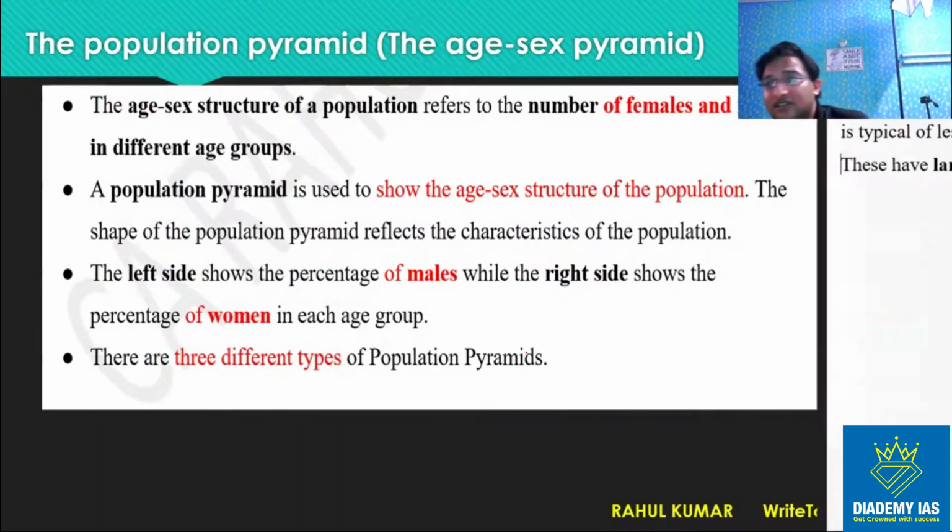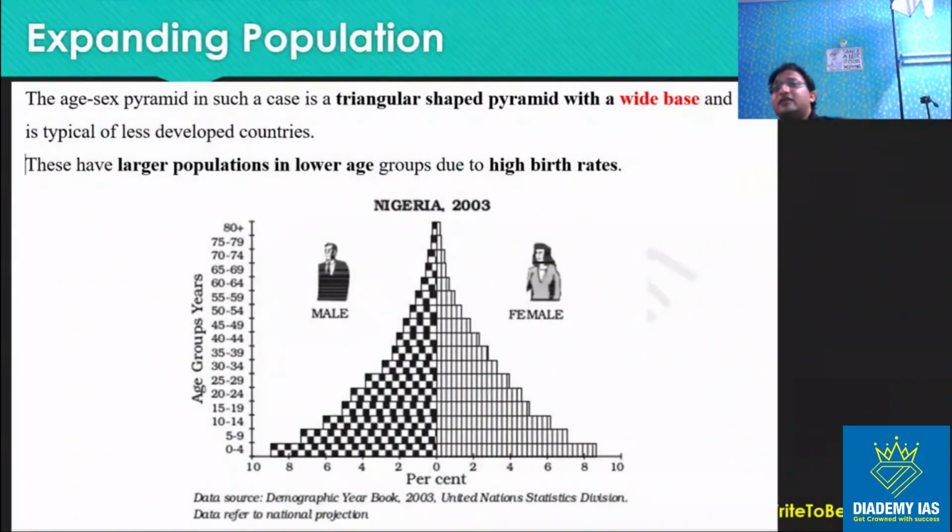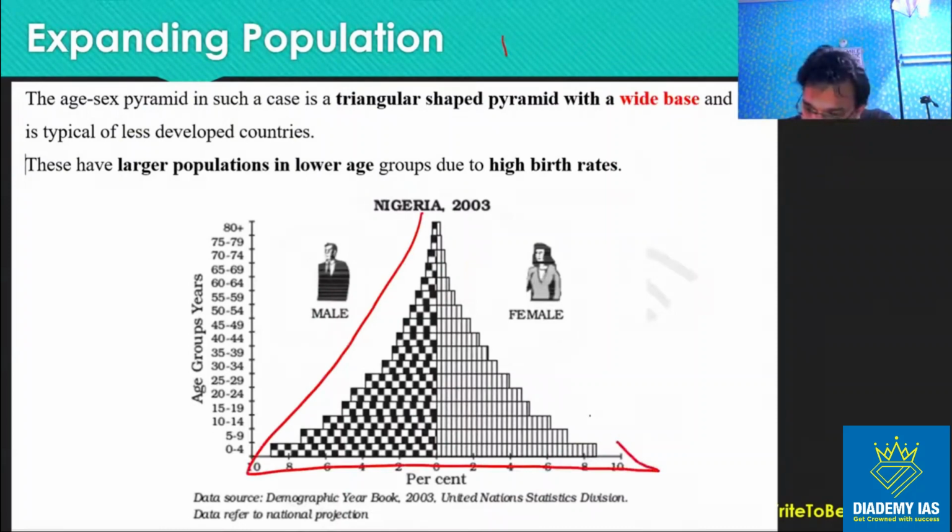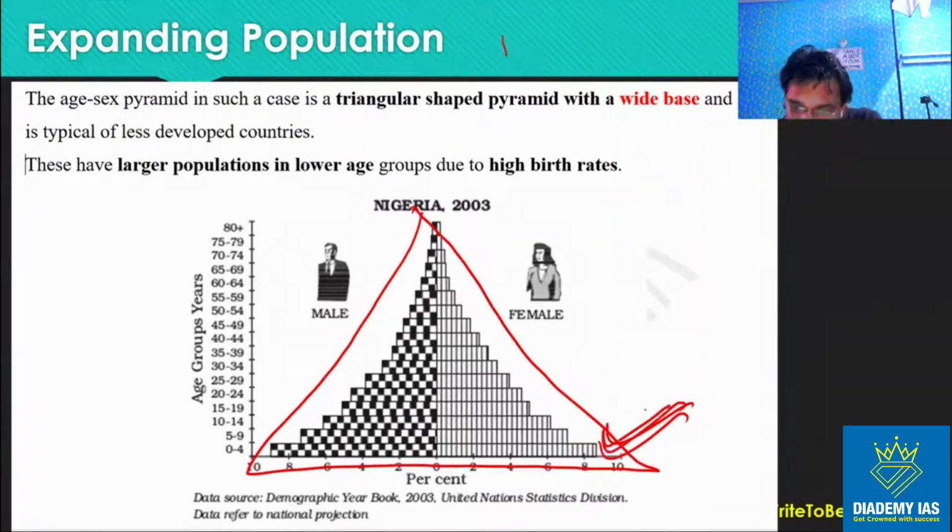Let us see the three different types of the population pyramid. Okay? So ये आपके, this is the first type of pyramid. In this pyramid, we can see this is having the triangular shape. A triangular shape है, where the base is wide. That means the birth rate is high.